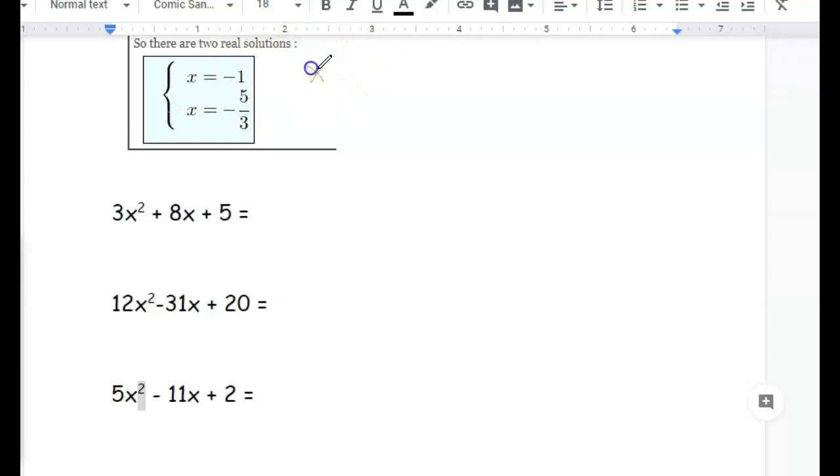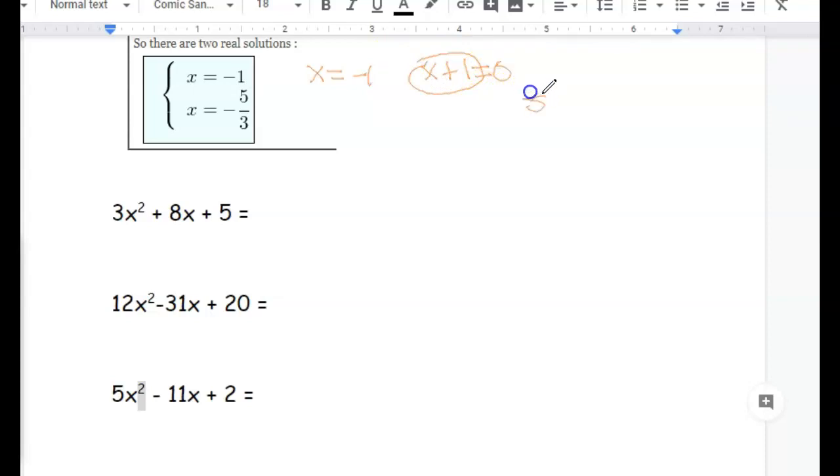So imagine unsolving this equation. I want this 1 to come back over to the x, so I'm going to add it over, and then this part is my factor.